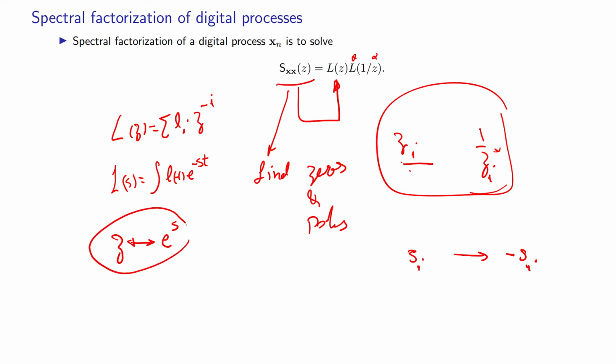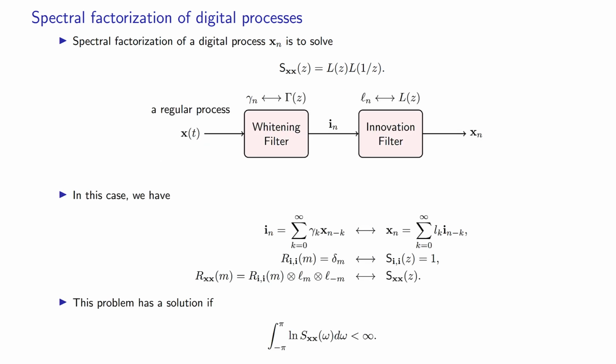And if you take the logarithmic or exponential relationship between z and s, you see that a unit circle appears. If you put e to the power of j omega, s becomes z, becomes the unit circle. So on the continuous time domain, the j omega axis is equivalent to the circle in the discrete time domain. So this is the only difference.